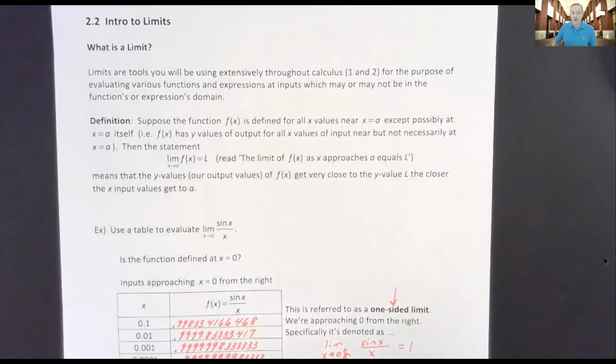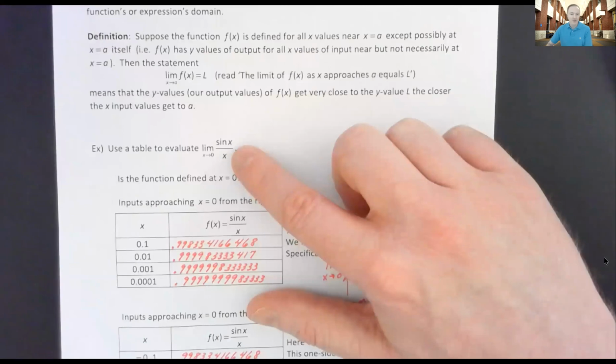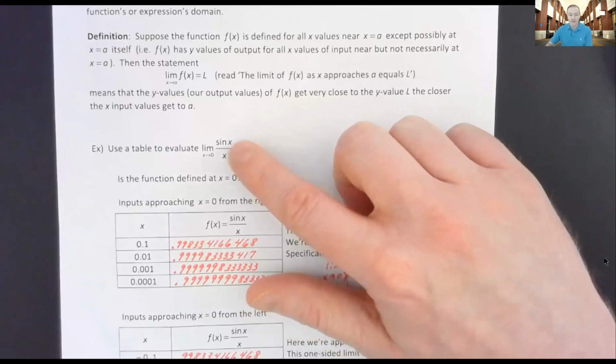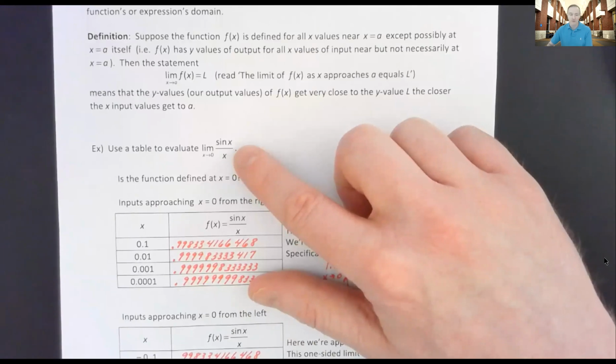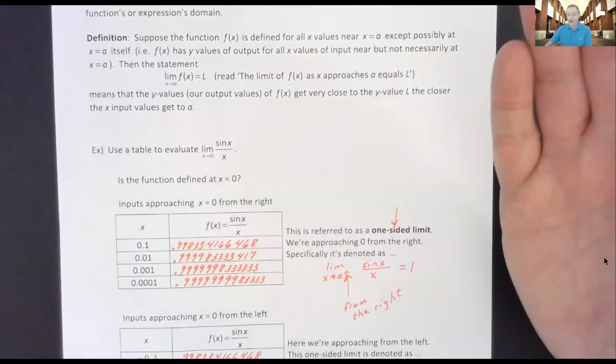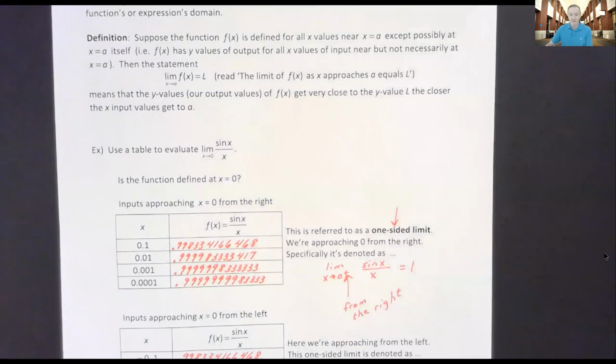Now, in order to show you that, let's look at some examples. If I just ask you to evaluate this function at 0, you'd say, I can't, John. Why can't you? Well, you can evaluate the numerator and denominator. The sine of 0 is 0. 0 in our denominator is 0, but 0 divided by 0 is undefined.